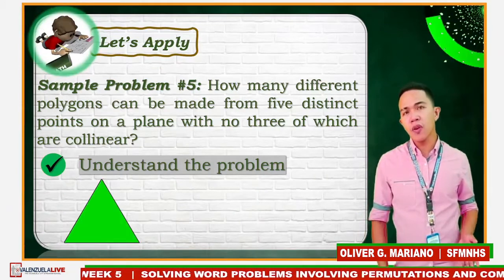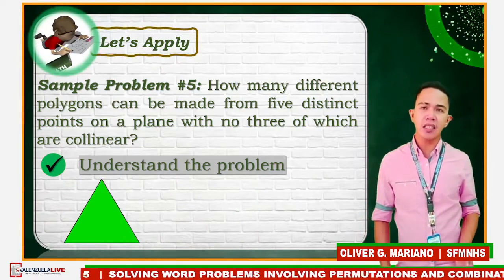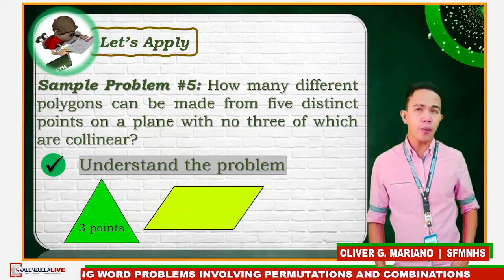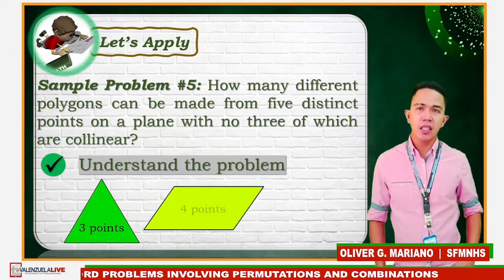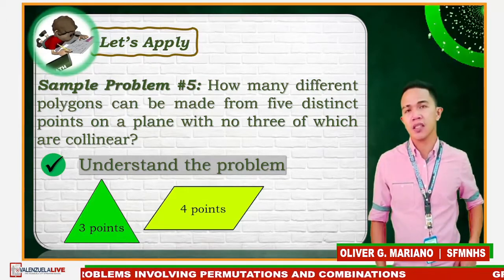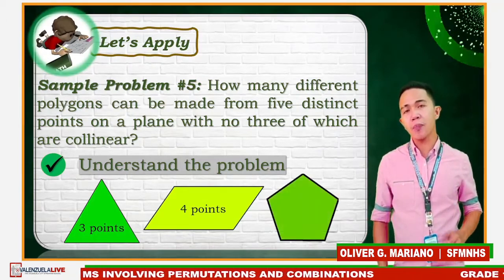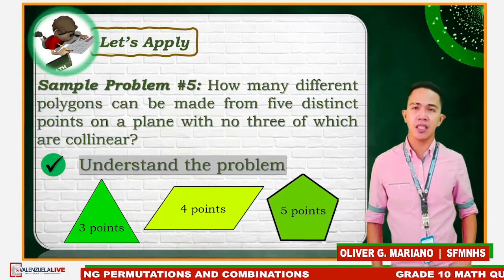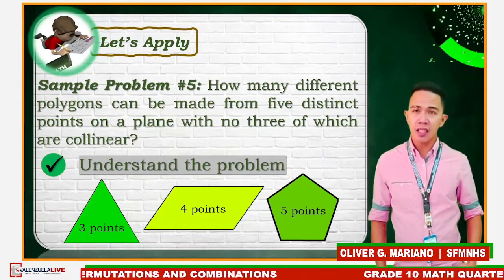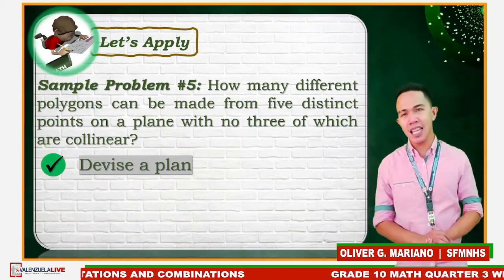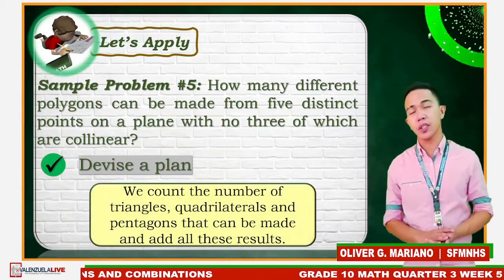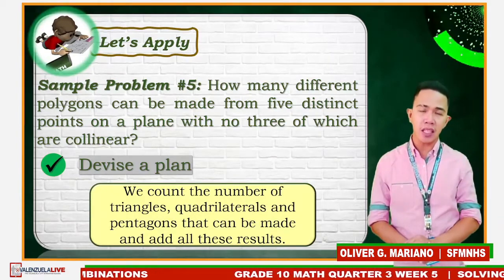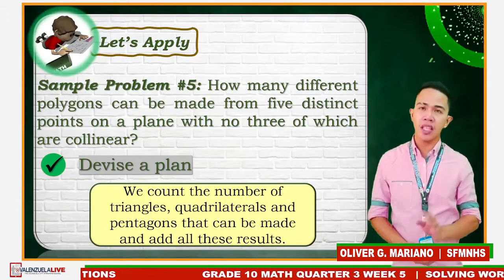Recall that to form a triangle, we need 3 points for its vertices, while to form a quadrilateral, we need 4 points for its vertices, and to form a pentagon, we need 5 points for its vertices. Then, we devise a plan. That is, we count the number of triangles, quadrilaterals, and pentagons that can be made and add all these results.